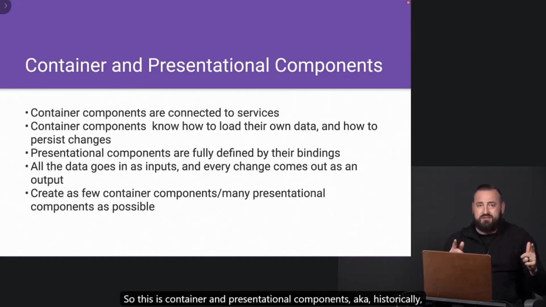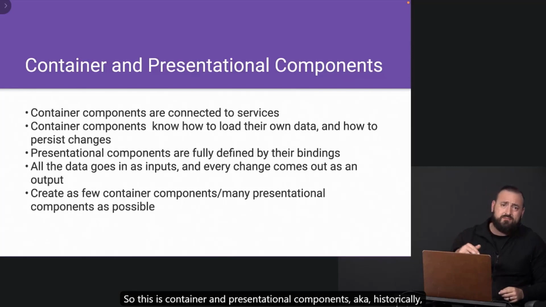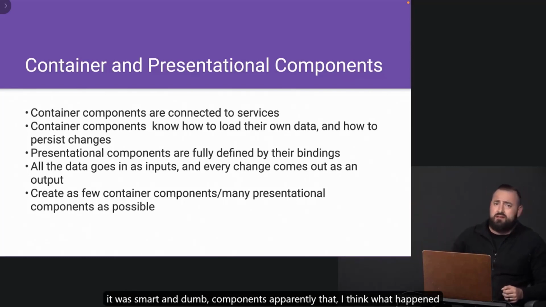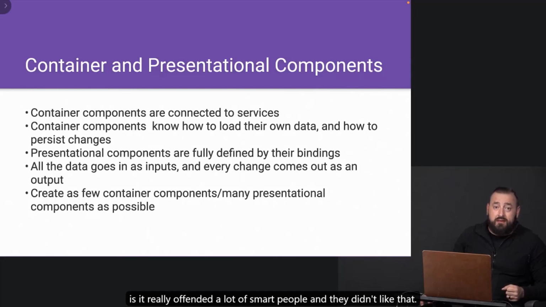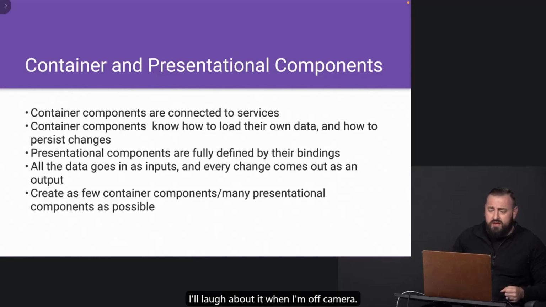So this is container and presentational components, historically smart and dumb components. Apparently it offended a lot of smart people and they didn't like that. So they said, stop disparaging me when you're talking about smart components. I'm totally kidding. That's hilarious to me. I'll laugh about it when I'm off camera.